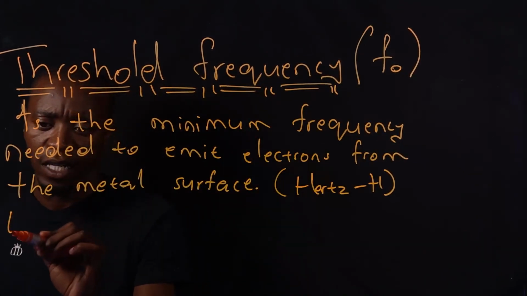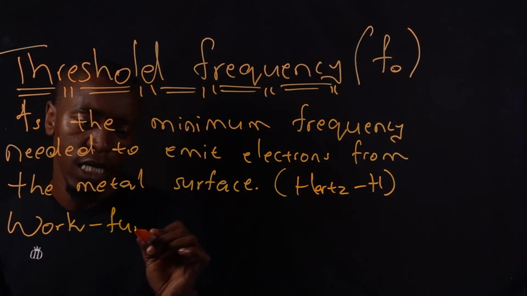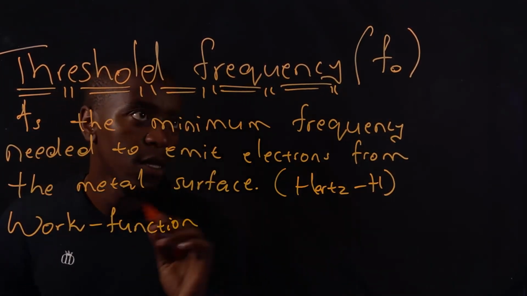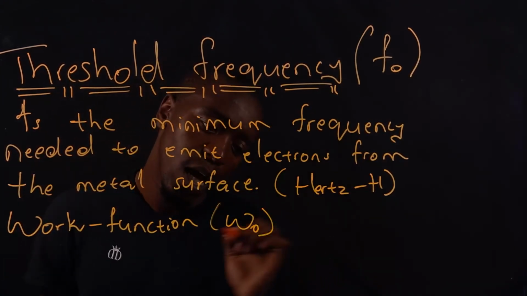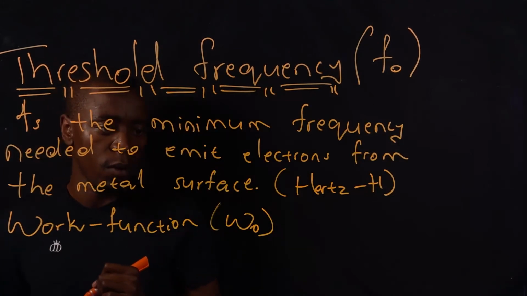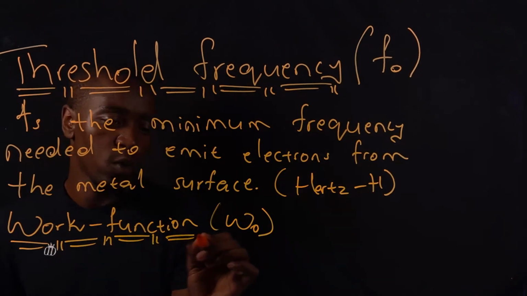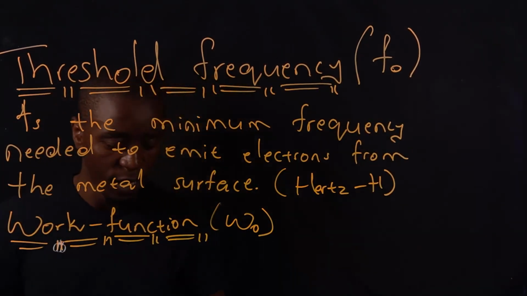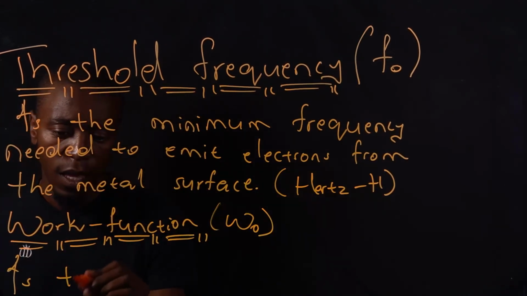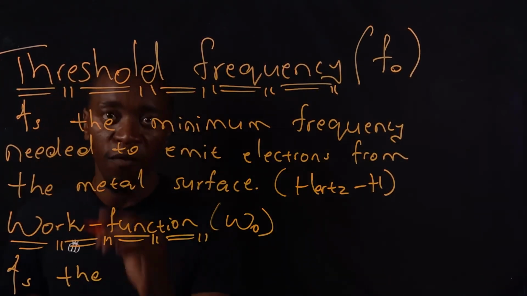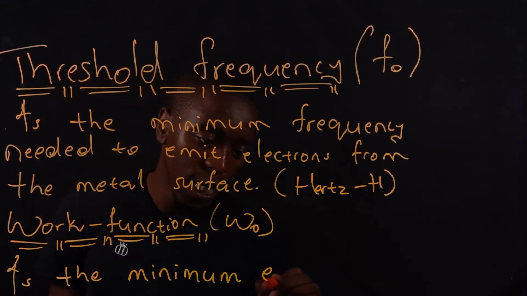Then we have work function. The explanation is a bit the same. Work function, we symbolize it with capital letter W and then naught, W naught. W naught means work function. Work function is the minimum energy, the very same way as threshold frequency is the minimum frequency.